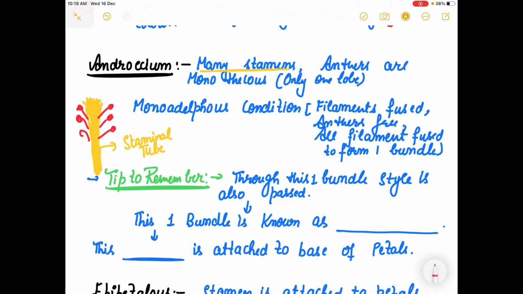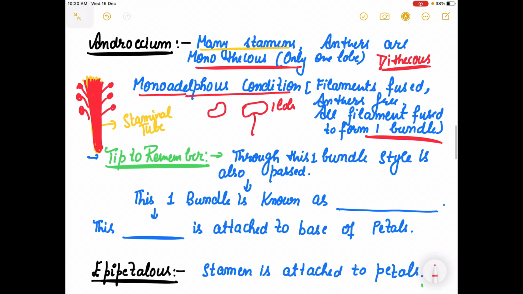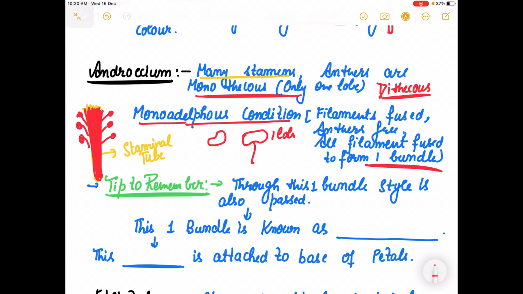So these anthers, they are monothecous, right? Monothecous means single lobe. Go back to the lecture and make yourself clear about the monothecous and dithecous from the Androecium lecture. That monothecous means one lobe and dithecous means two lobes. So here this is one lobe. And which kind of Androecium it has? Monothecous.